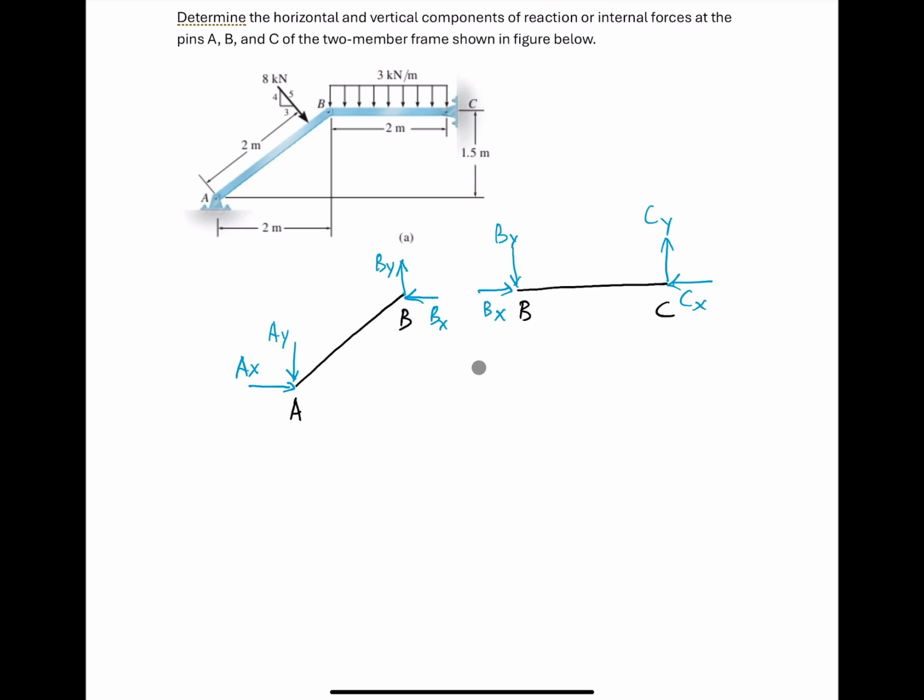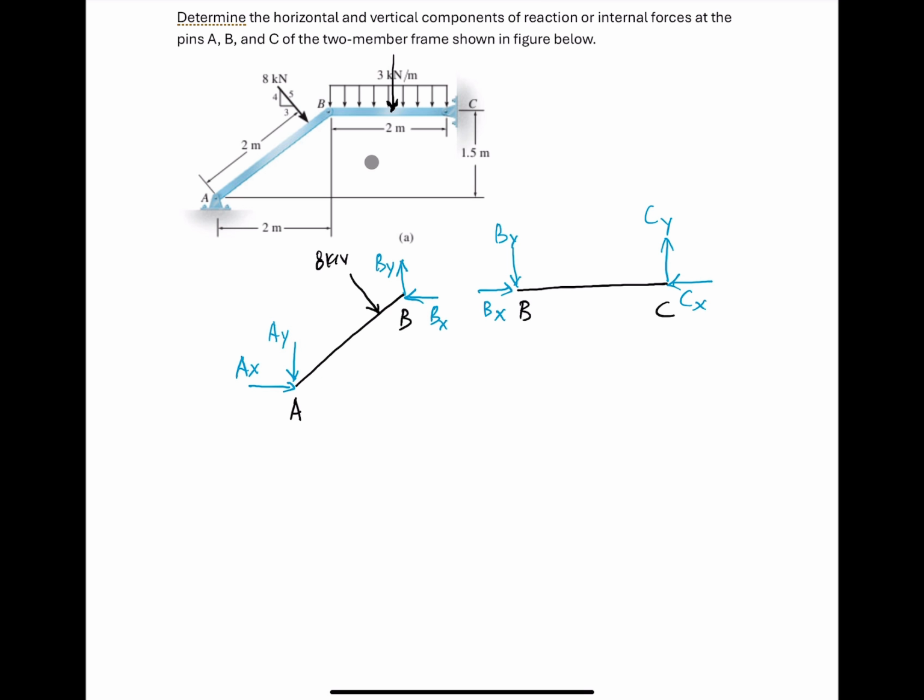That's it. So now we need to put on the external force on member AB. The external force is shown here, 8 kilonewton. And we have a distributed load on member BC. Normally we just convert this distributed load into an equivalent point force, which is at the midpoint of beam BC.